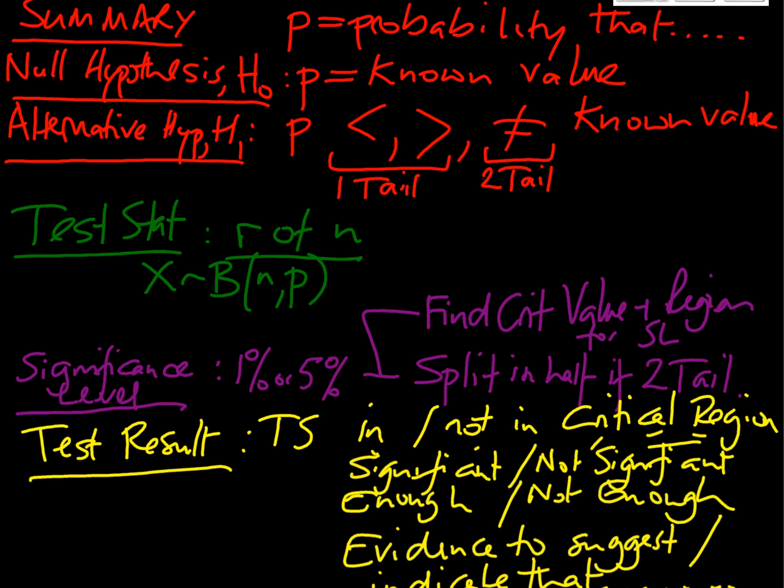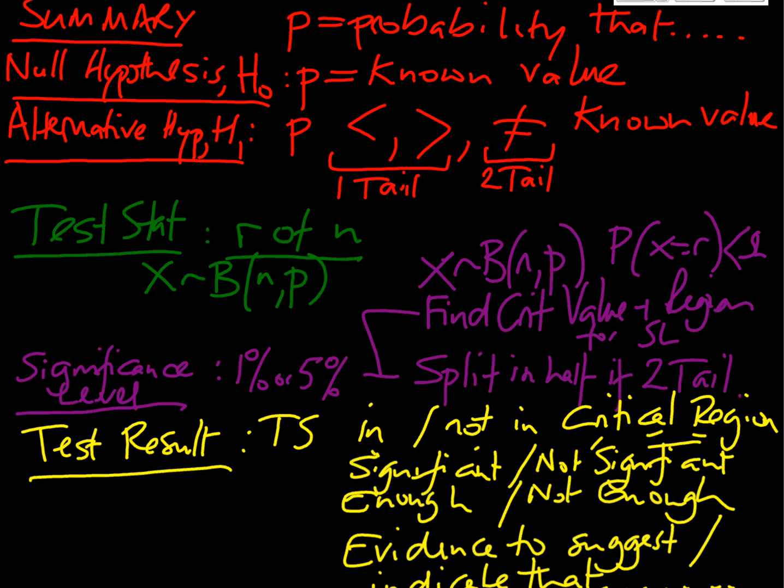So we're putting in different values of P. We know our binomial is B(n, p), we know those two values, and we're going to find our value of X. That is the highest value below our significance level, as close as we can get to 0.01 if it's 1%.